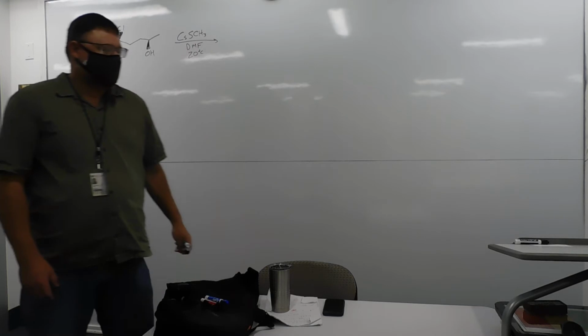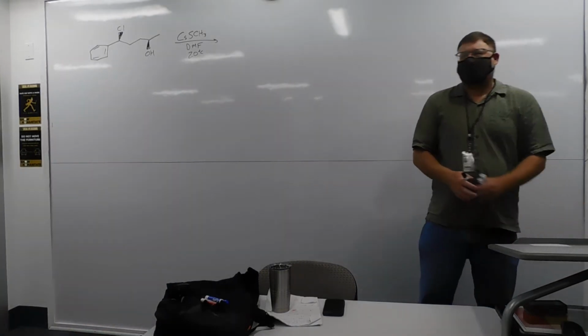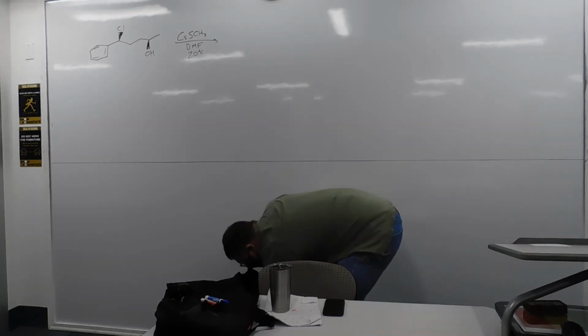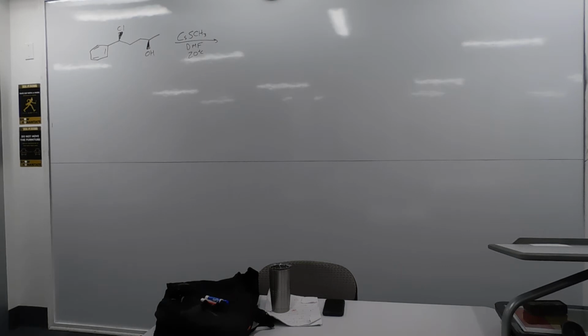Did you ask just for the product or the mechanism too? Yeah, well, go ahead, the whole thing. Actually, name the mechanism, SN1, SN2, E1, E2, whatever, and draw the mechanism.